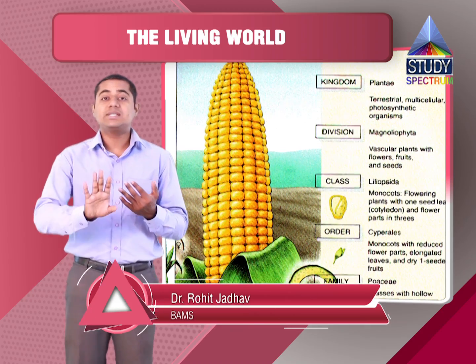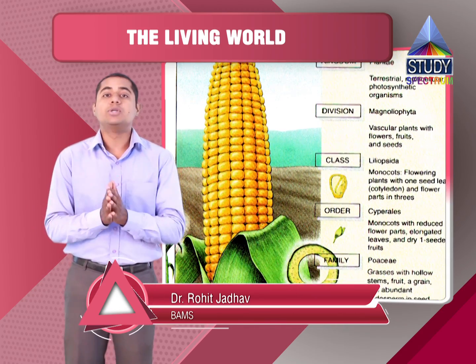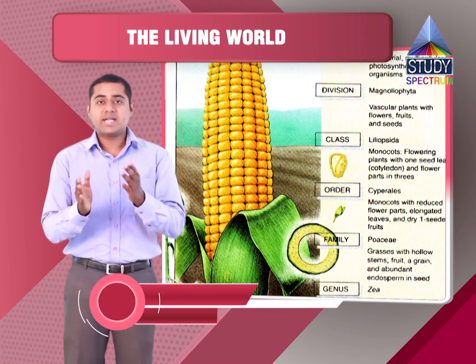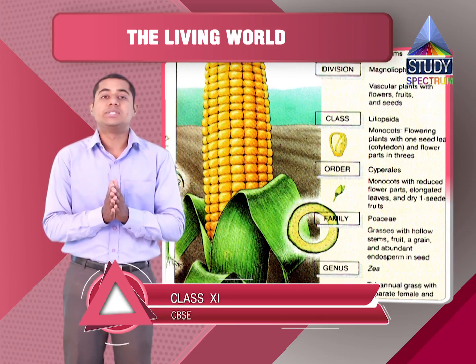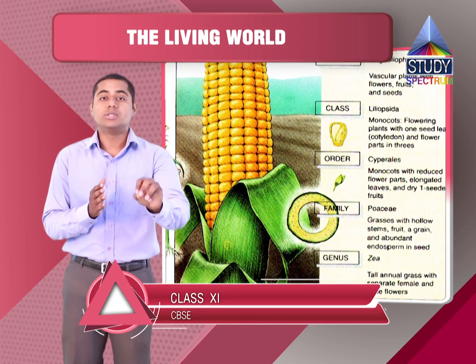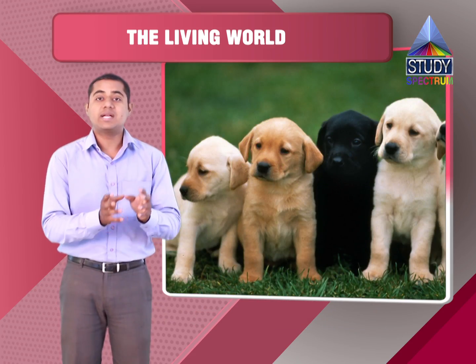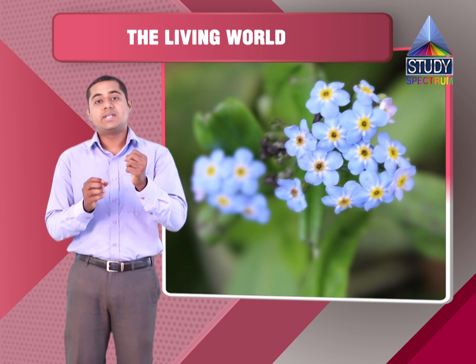Acceptance of one and rejection of another. So it leads us to the next level of the question, and bifurcating between the false property and the true property, after a series of questions we reach one conclusion which gives us the proper classification or identification of that animal or plant. Let me tell you with an example.